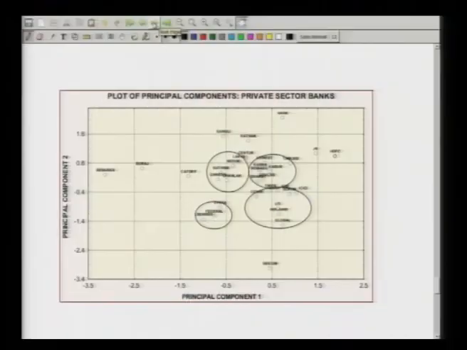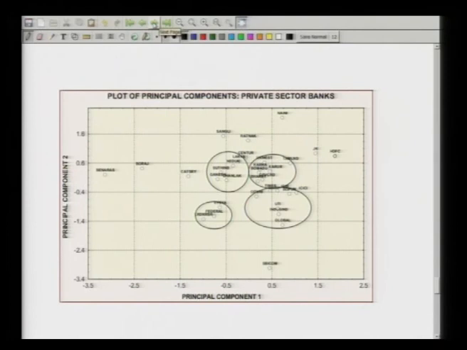If it is for the whole banking system of the country, you will do it for the combined data. So, the first one is for the private sector banks, and we saw that the first two principal components were good enough for us.